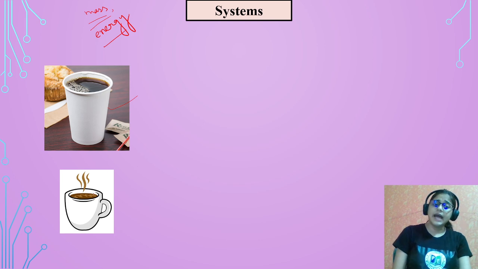Inside the vapor, various water molecules are there, which are things of the system, right? So here, as steam, the water is going outside to the surroundings. So here, mass changing is there. Mass is transferring.